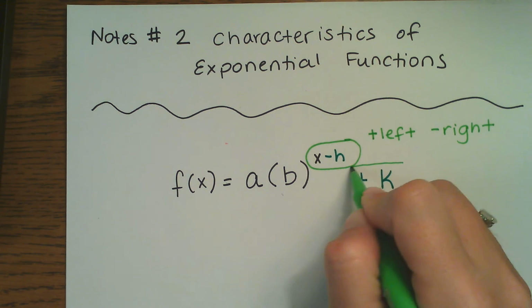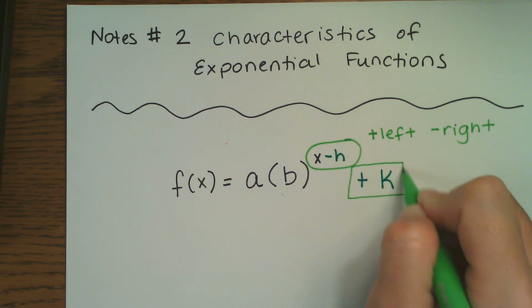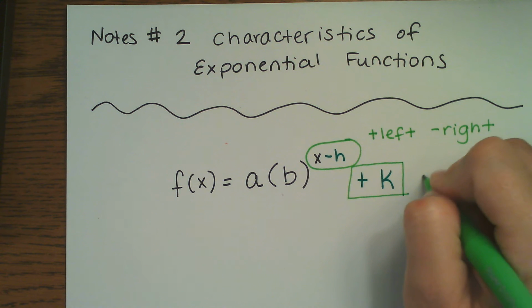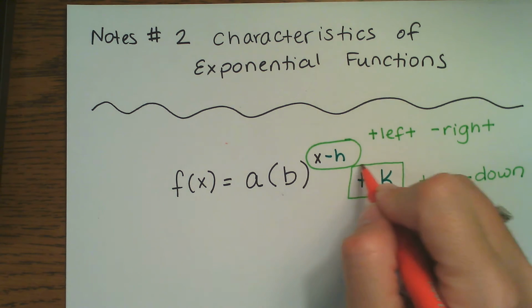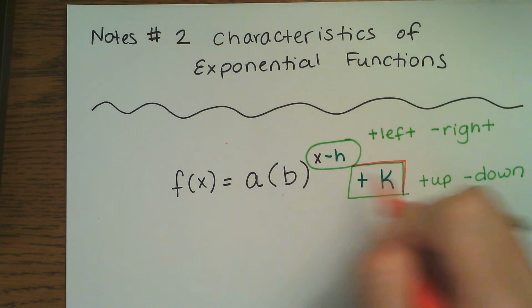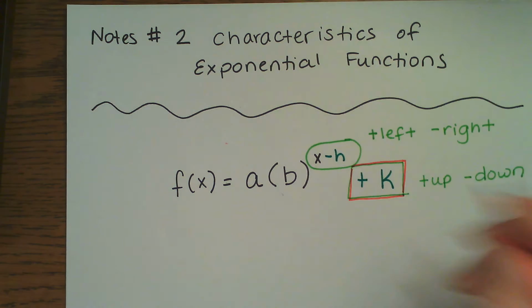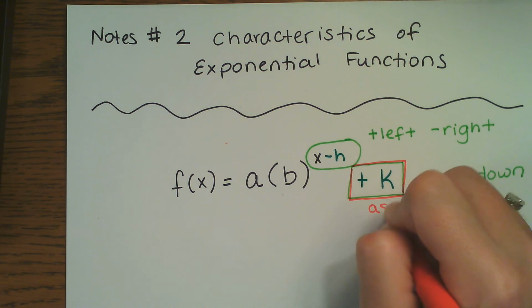On the back end, any number added or subtracted back here is going to bring the graph up or down, and this value is also our asymptote.